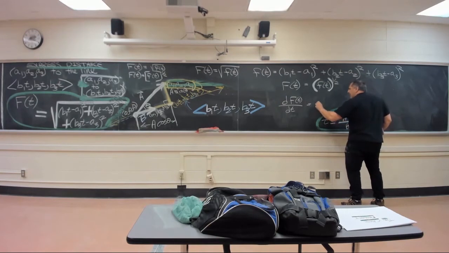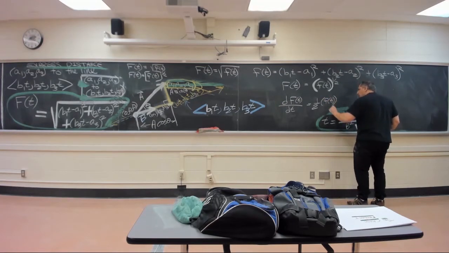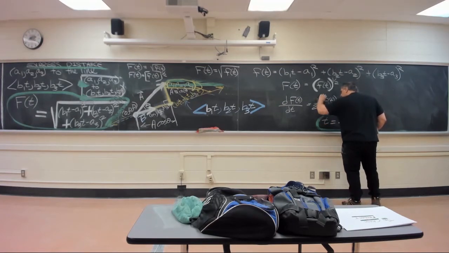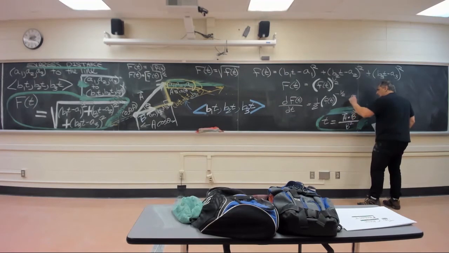You got a half of f of t to the negative a half times the derivative of f of t.